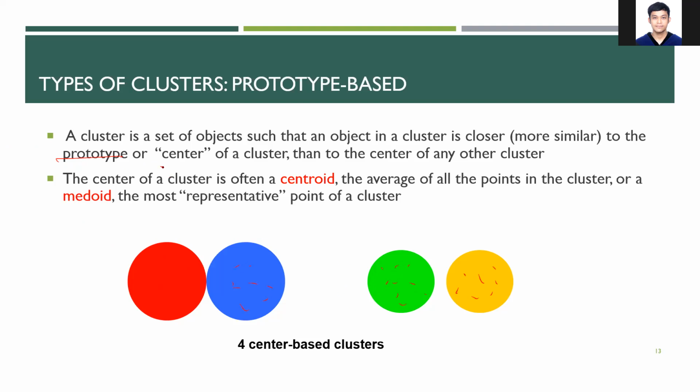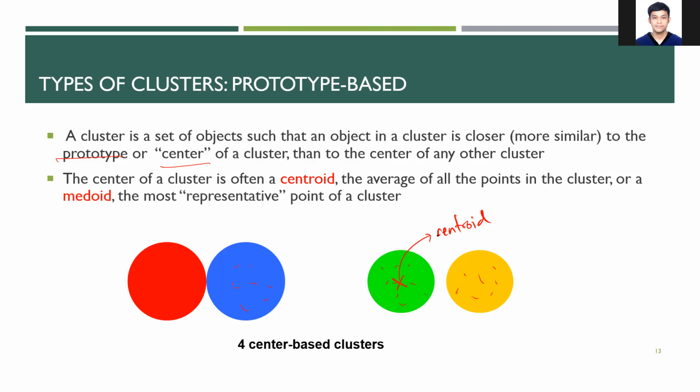Usually they call it the center or centroid of the cluster. It is the prototype of each cluster. So for example, the green one, this is the centroid. So the centroid is the prototype of this cluster.